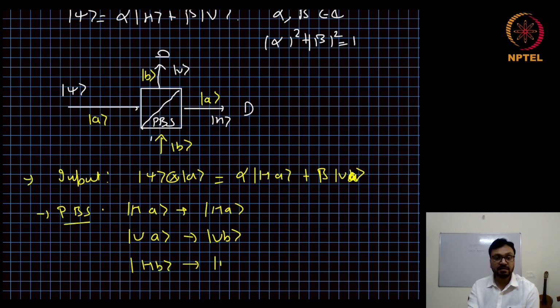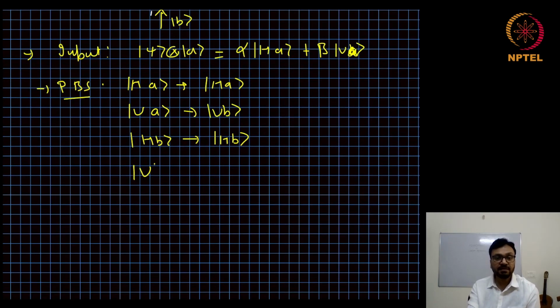HB will remain the same, HB, and VB will become VA. Now, what is the action of the polarizing beam splitter on psi tensor A? The psi tensor A will go to alpha HA plus beta VB.